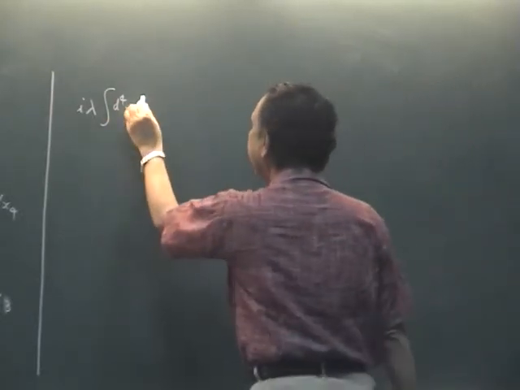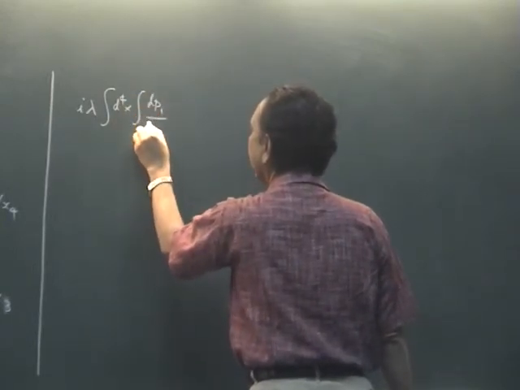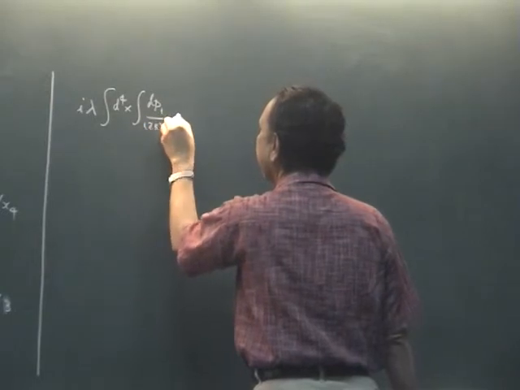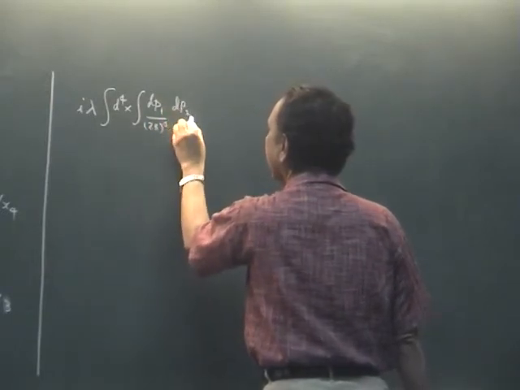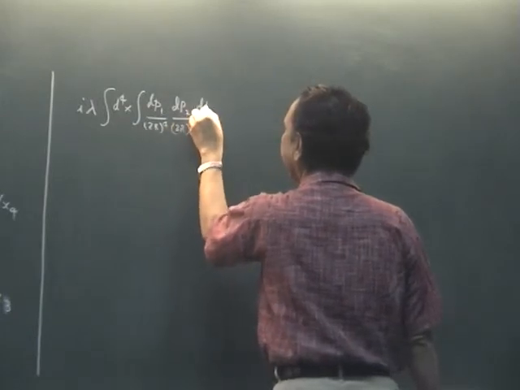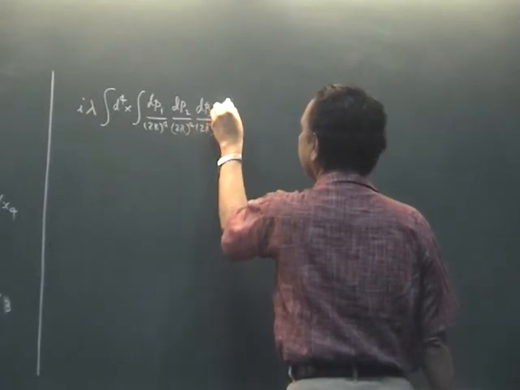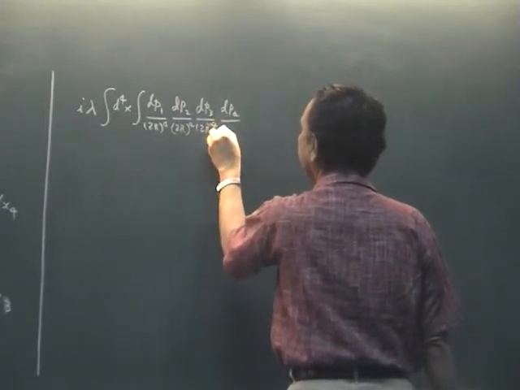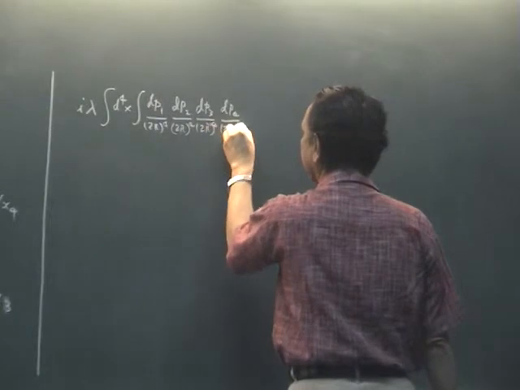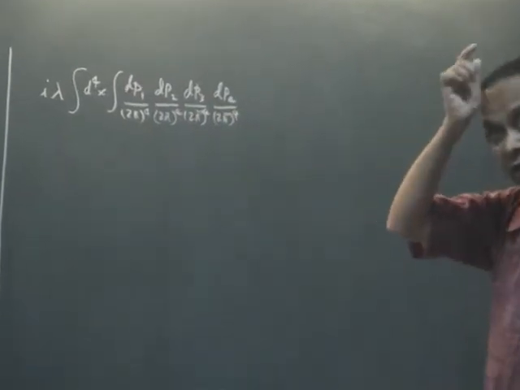So I am going to have an integral over dp1 upon 2 pi to the 4, dp2 upon 2 pi to the 4, dp3 and dp4, 2 pi to the 4. So all the 4 quantities are going to be written in Fourier space.